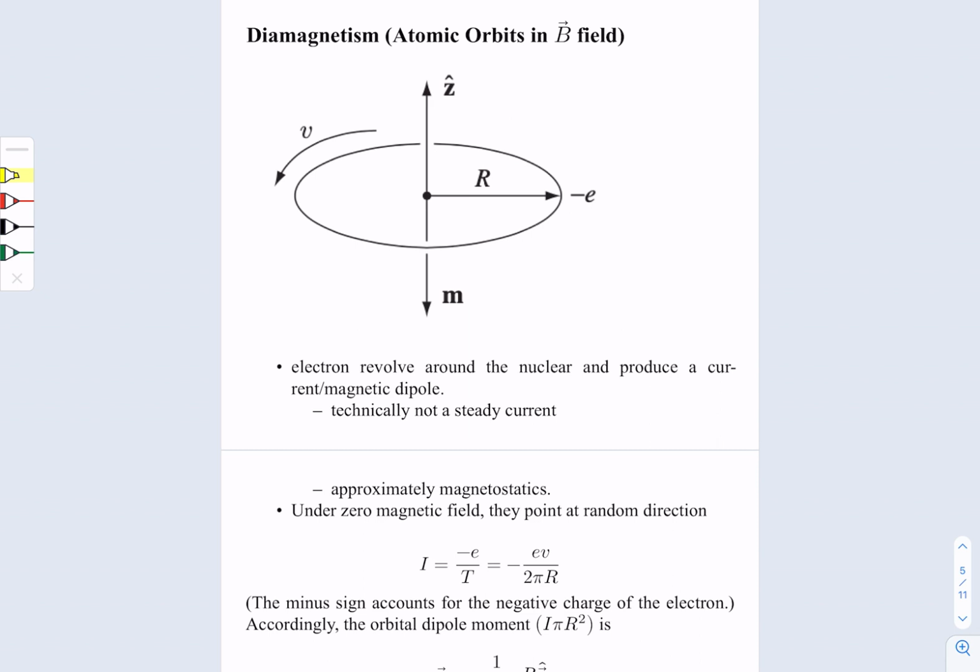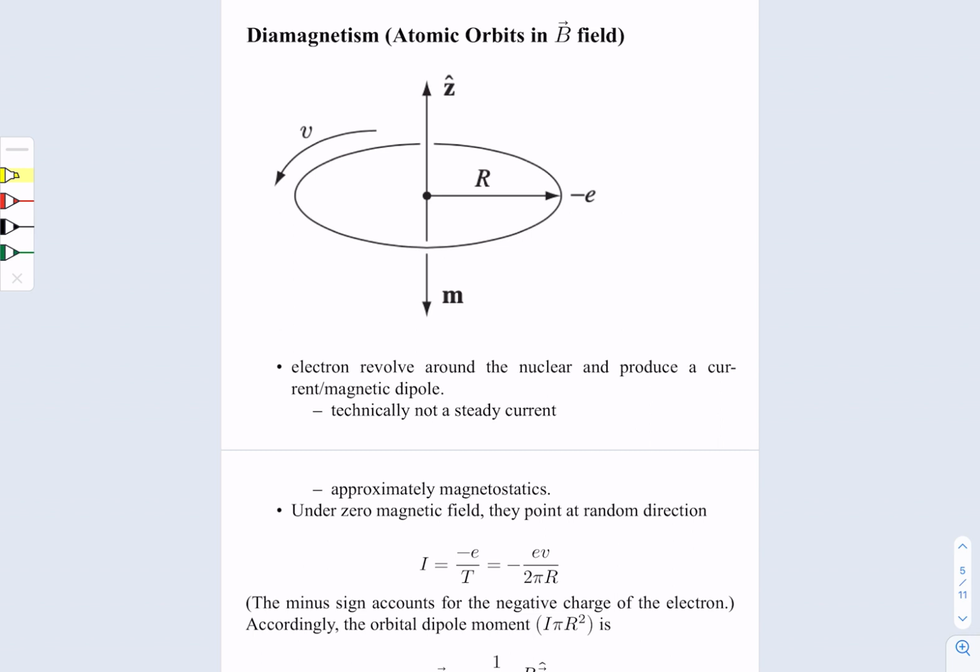Technically speaking, this is correct, in the sense that we initially have atomic orbitals going in random directions, and if you apply the magnetic field, the orbitals will prefer to be aligned with the direction of the magnetic field.